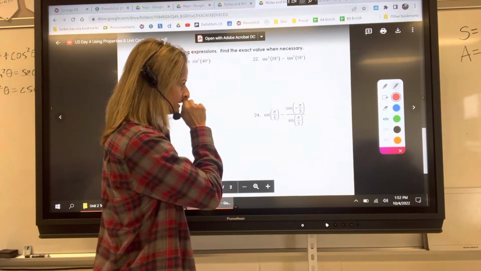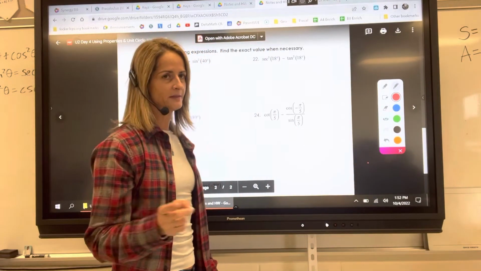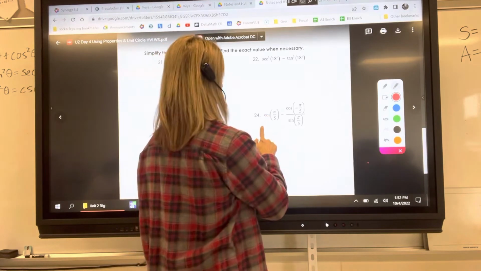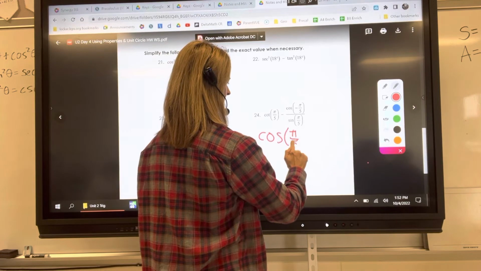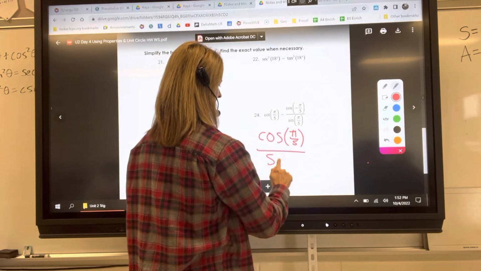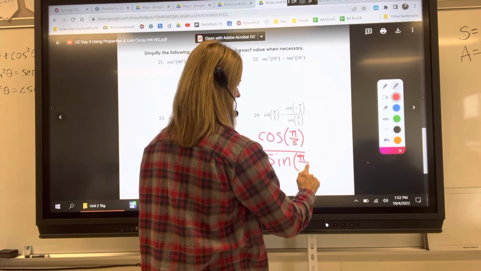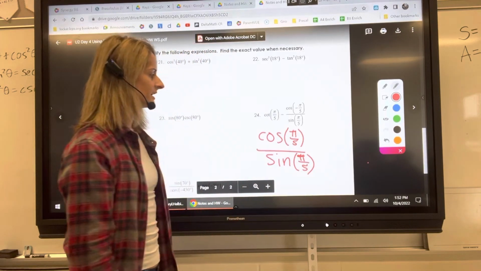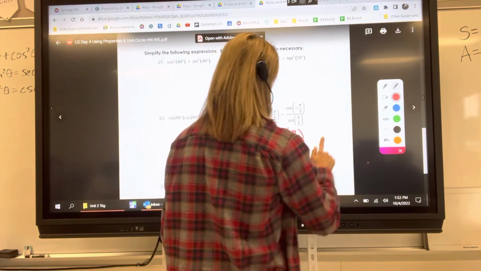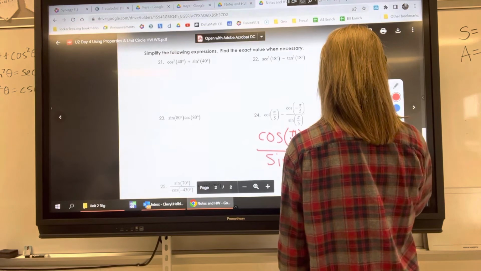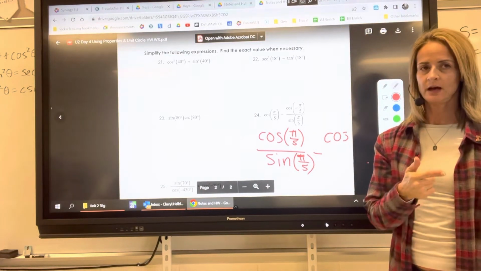I'm going to rewrite the cotangent as, we know the tangent is sine over cosine, I'm going to rewrite that as cosine over sine. So all I've done so far is rewrite cotangent as cosine over sine. And now I'm going to rewrite cosine of negative pi over 5 as cosine of pi over 5, because they have the same values.